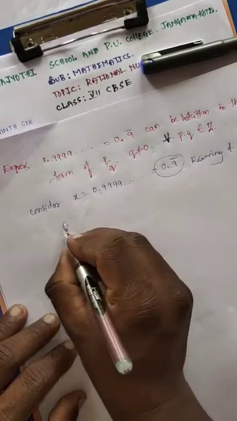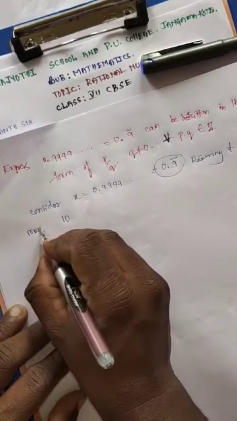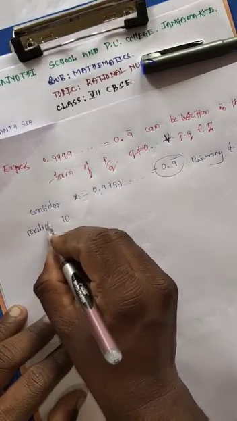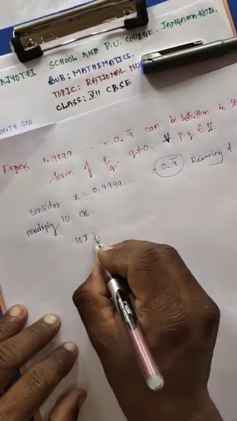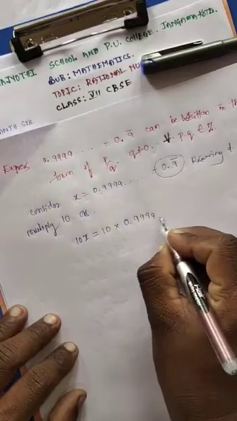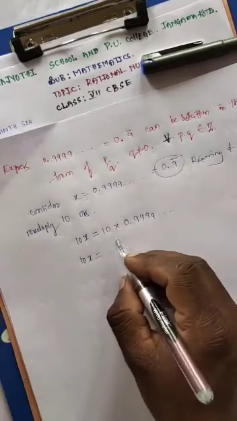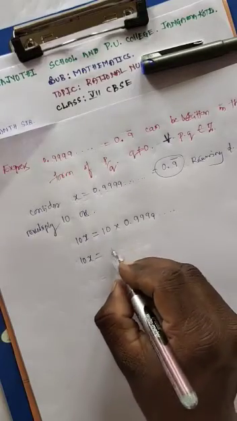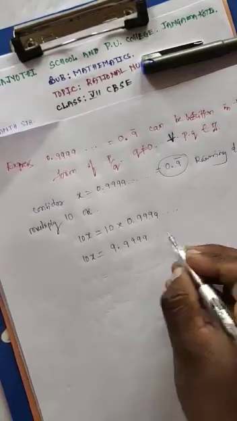Okay, so we can multiply 10 on both sides, we get 10 into x, 10x, 10 into 0.999 etc. So this becomes 9.999 etc.